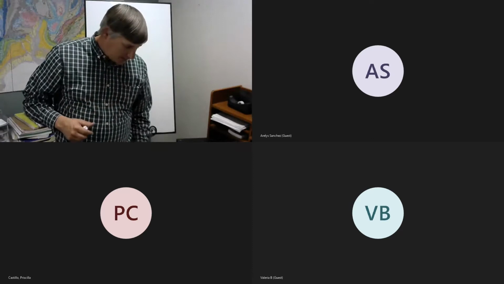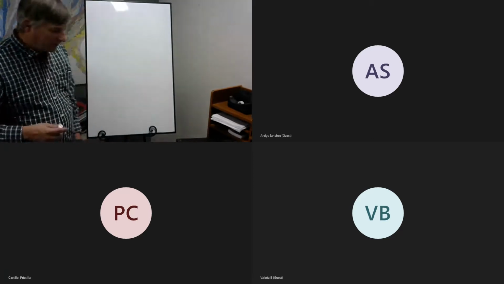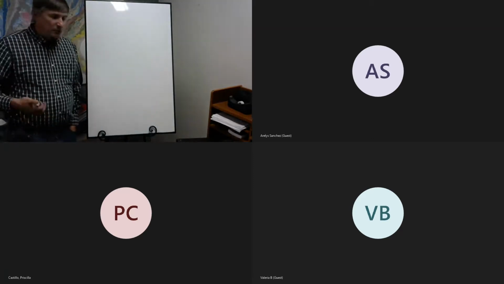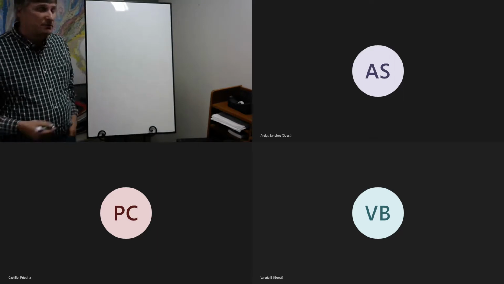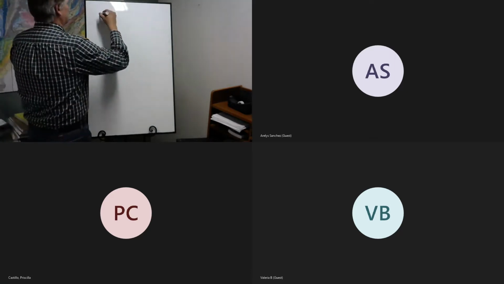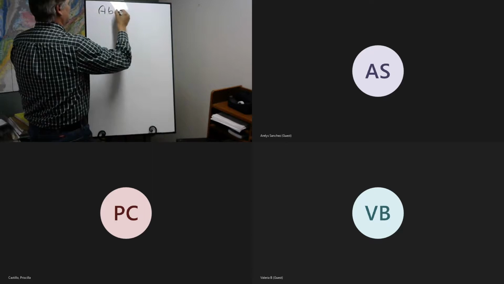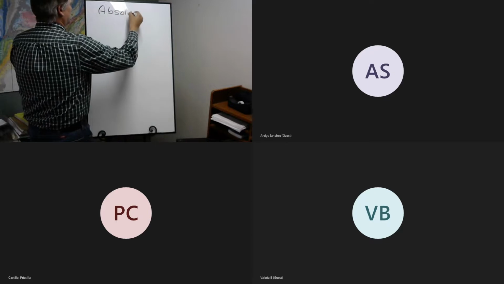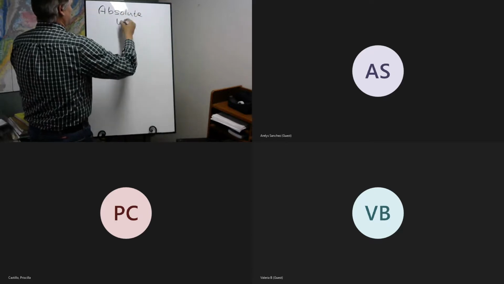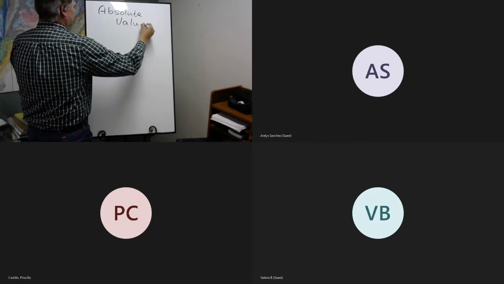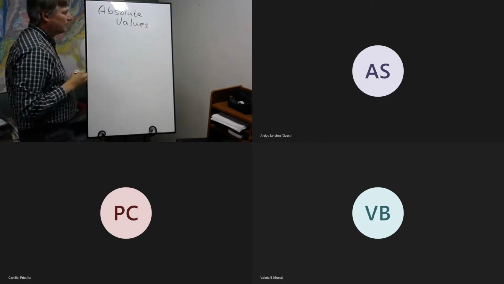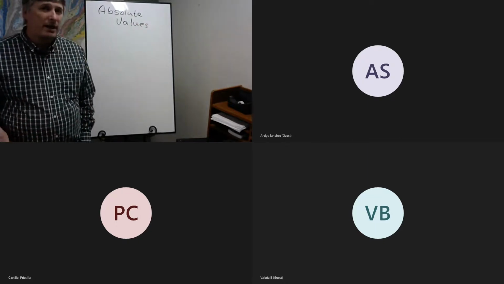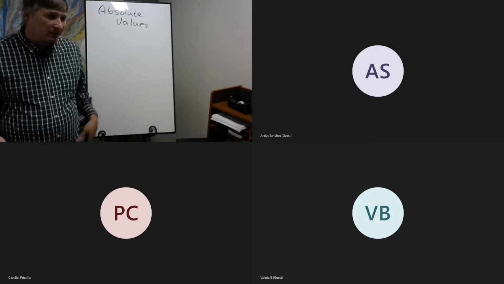So we're going to move on to section 4.3. And what 4.3 is, it deals with absolute values. Now, just a quick review of what our absolute values do.